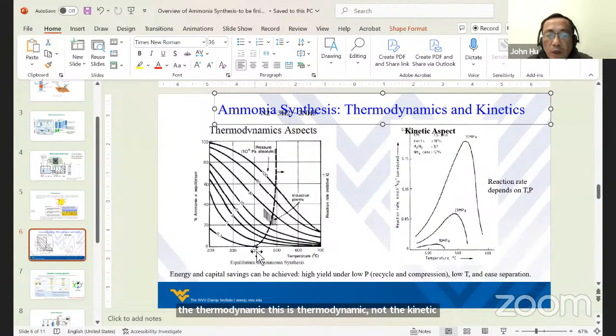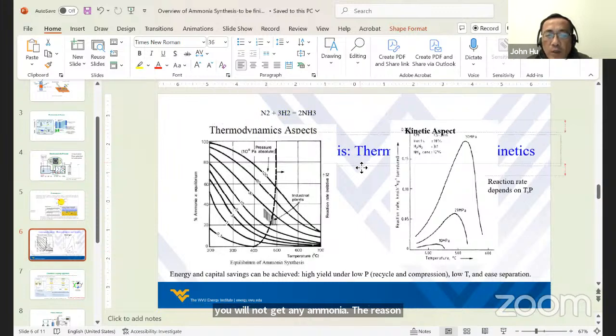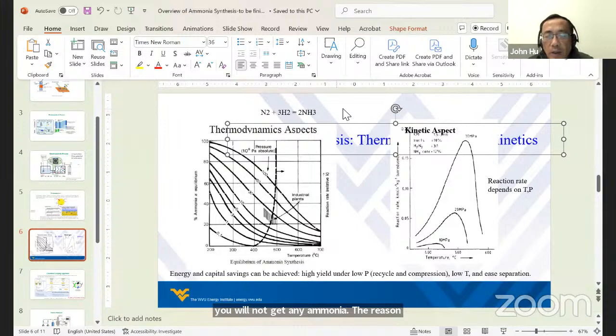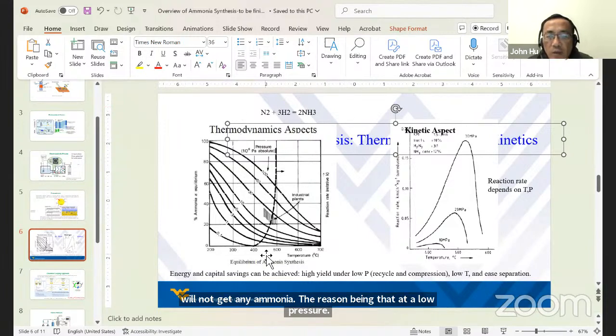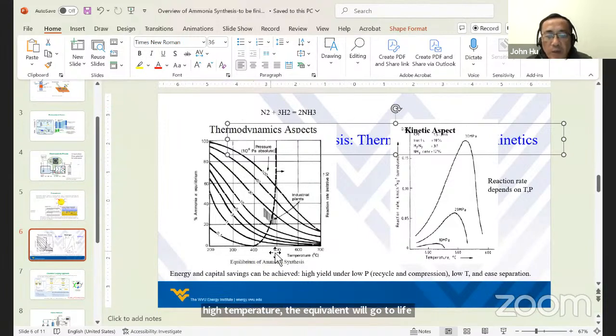If you go to 400 degrees C at ambient pressure, you will not get any ammonia. The reason is that at low pressure and high temperature, the equilibrium goes to the left. So at 400 degrees C, you get nothing. And at 500 degrees C, ambient pressure is out of the curve. What does it mean?